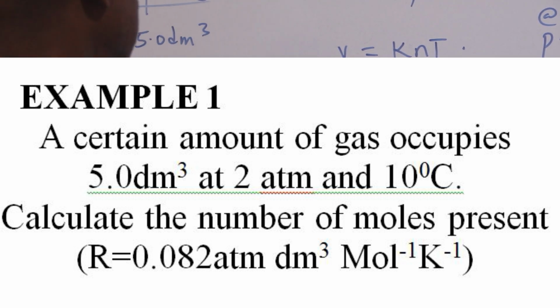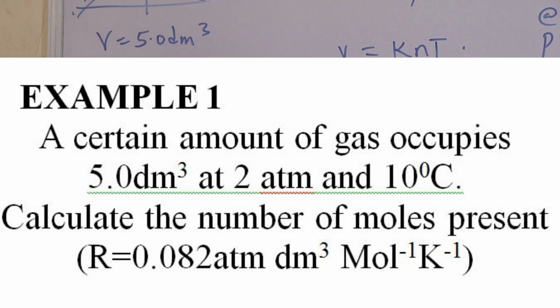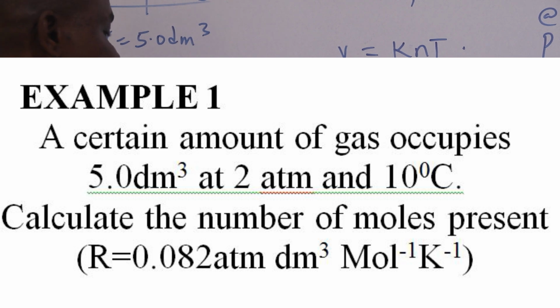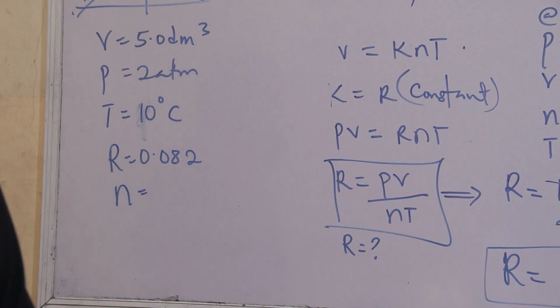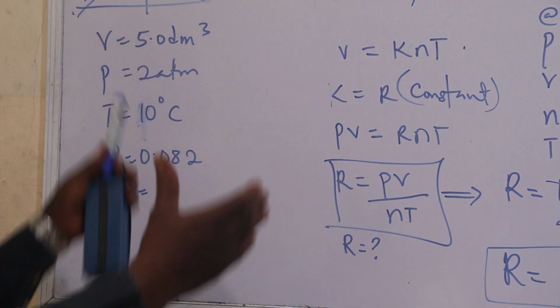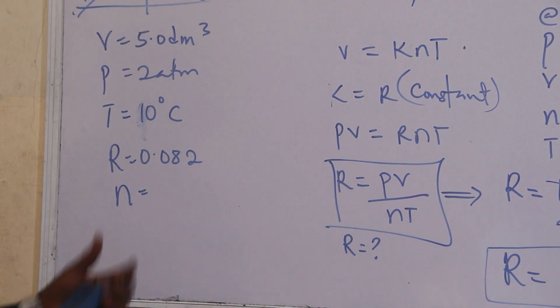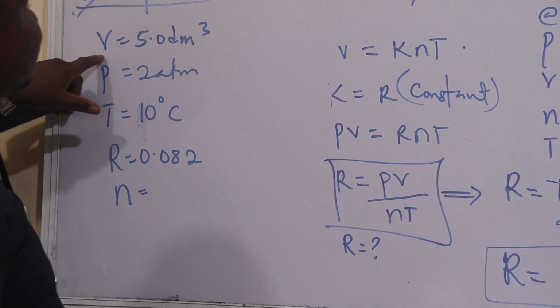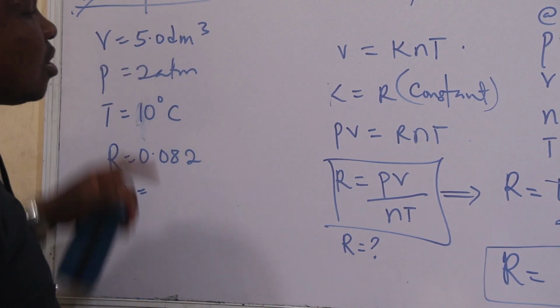Our gas constant is 0.082 atm dm³ per mole per Kelvin. Look at the parameters here. I like listing out parameters to know exactly what I'm doing when teaching students.